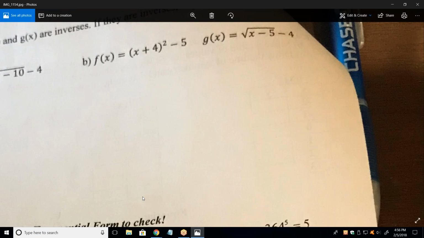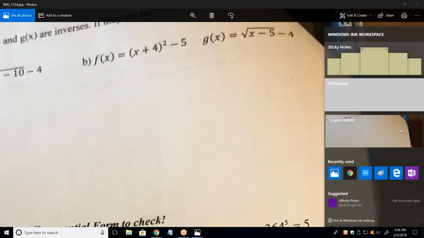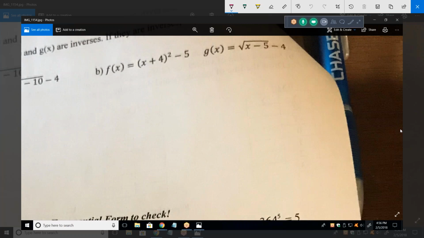Let's at least set this one up. May not have full time to solve it totally. What's the rule? f of g of x has to equal x. If I can prove that to be true, then these two are inverses of one another.